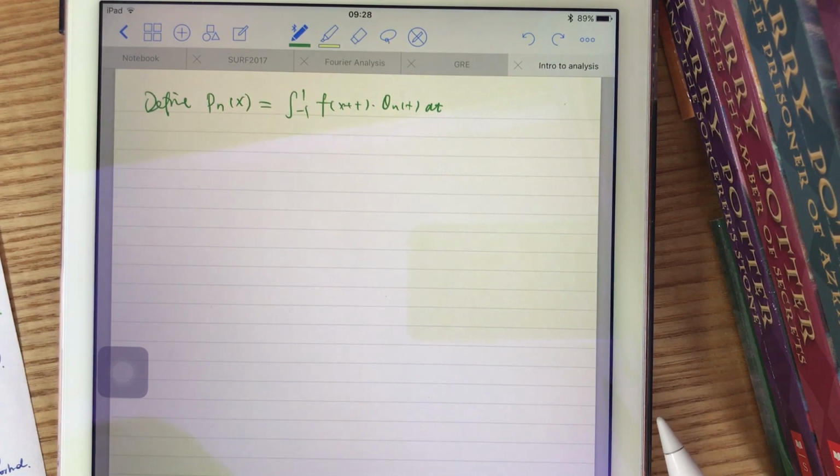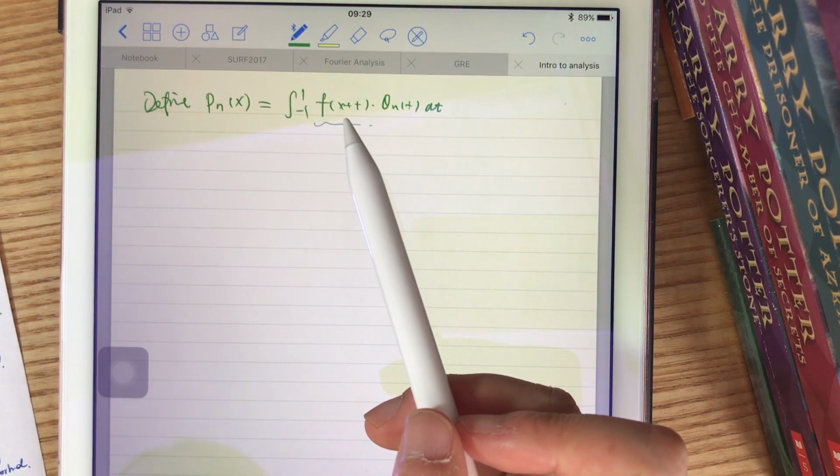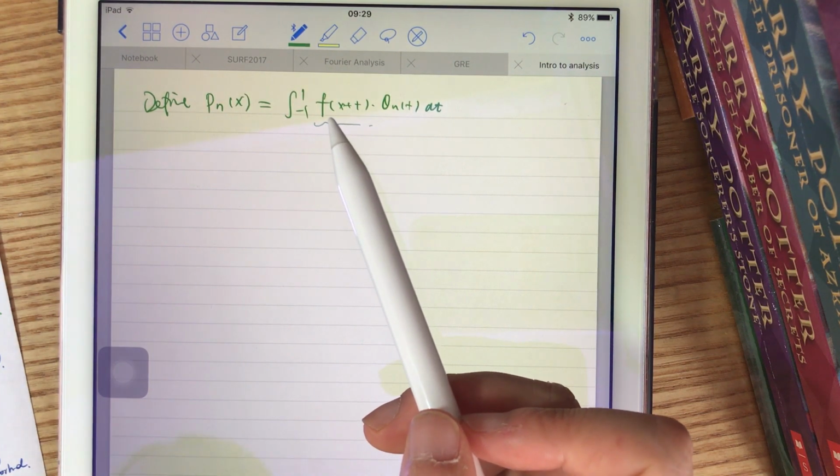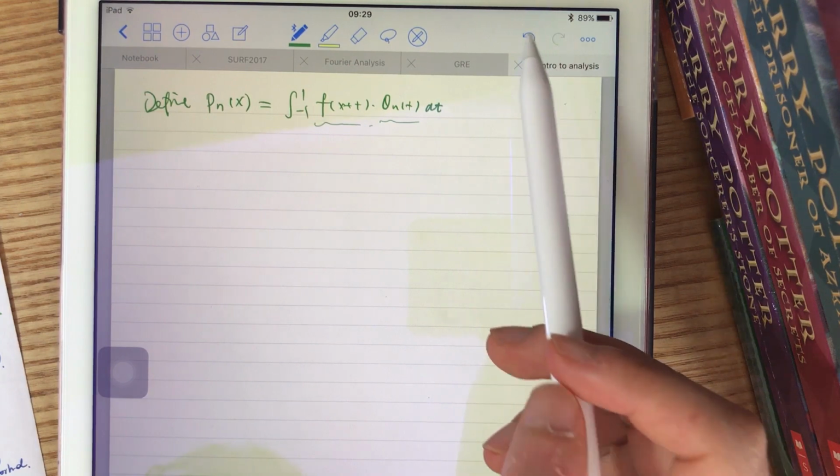So the thing is, when you define the sequence of polynomials, you are utilizing the function f itself, and the kernel, the approximation you just constructed.